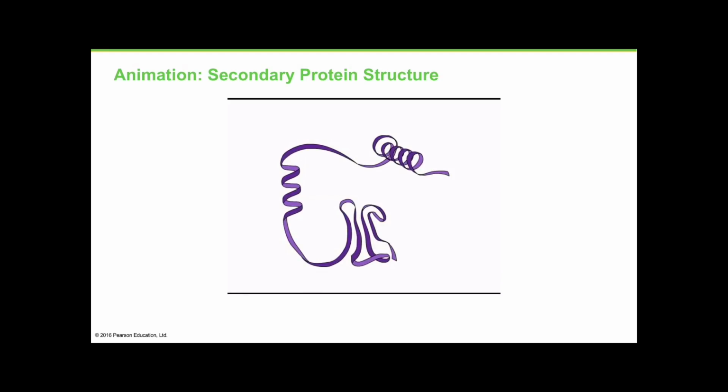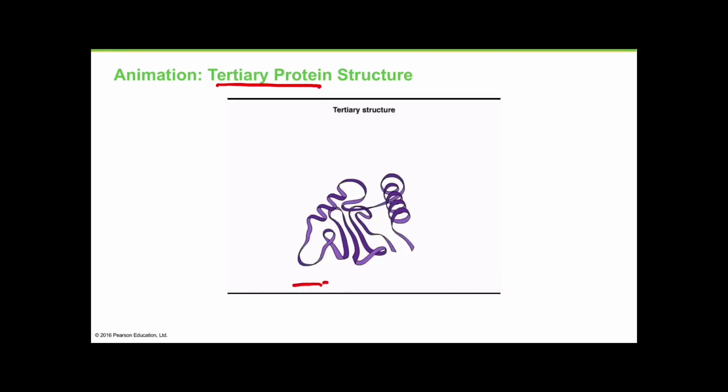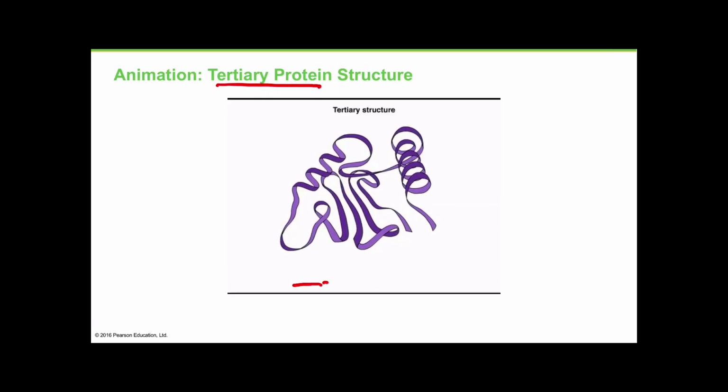هذه الانيميشن تبين كيف يصير السكندري بروتين structure. إذا تشوفون هنا عندنا الألفا، هذا الألفا هيليكس وهذا البيتا. The tertiary structure زي ما قلت interaction بين السايد chains. شوفوا الحين السايد chains كيف نسوي interaction، شفتوا كيف هذا interaction side chain، هنا نفس الشيء، هنا نفس الشيء. Okay?